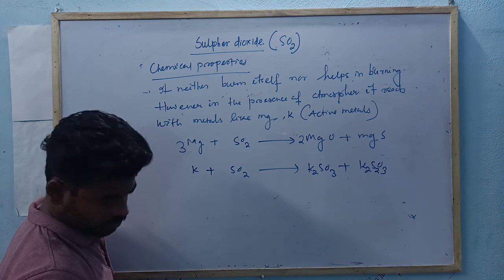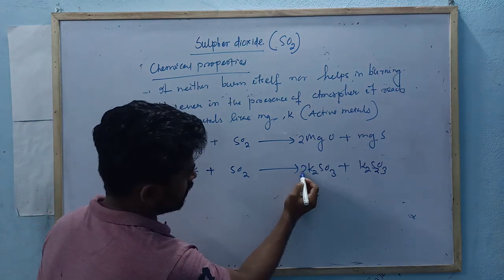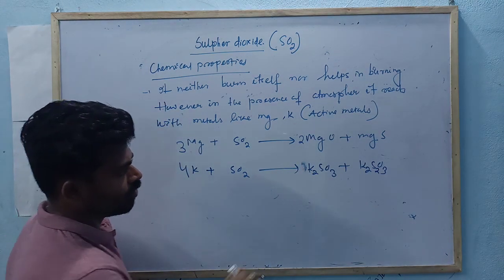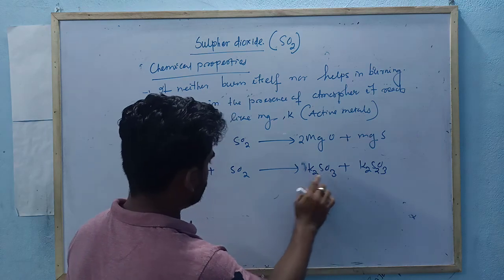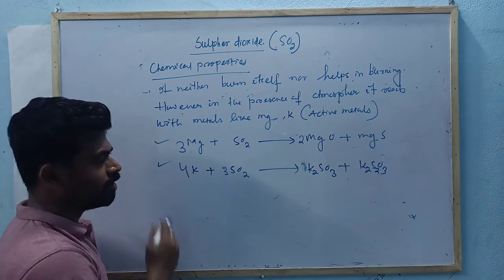So you balance it. This is 4K, and here sulfur 2, 1, 3, so here 3, 6 oxygens. So this is the equation.